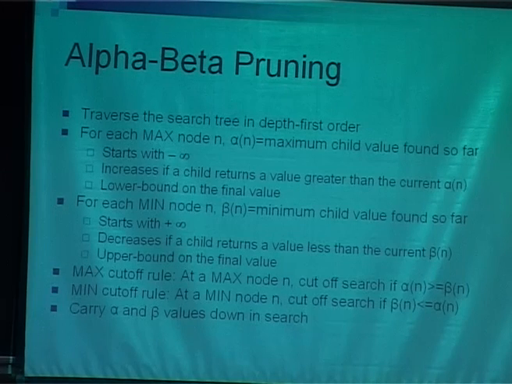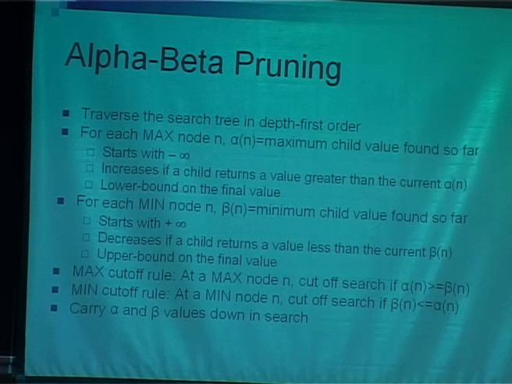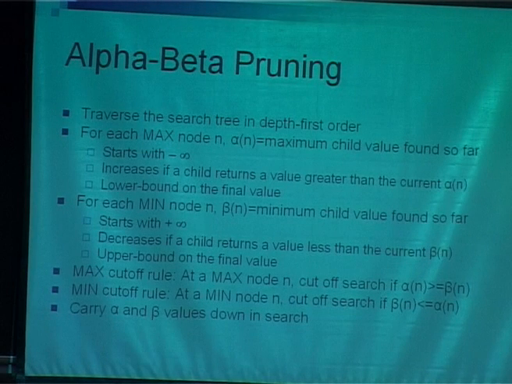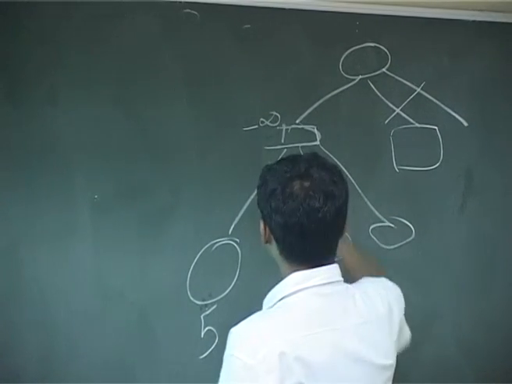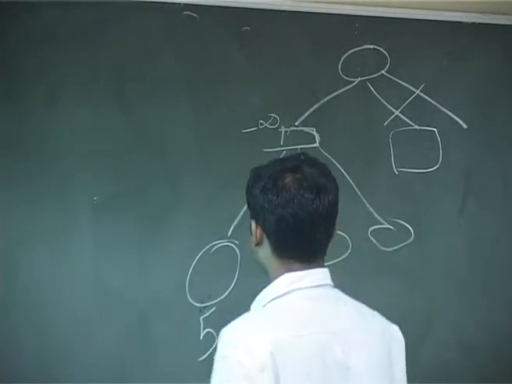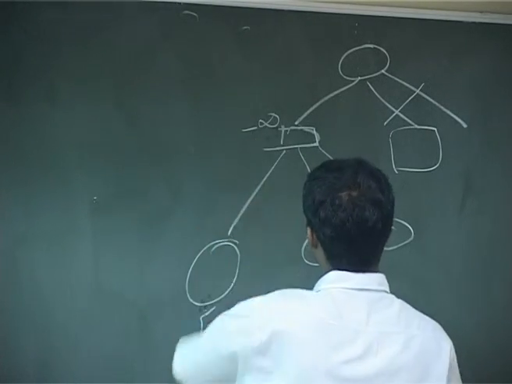We give the value infinity and minus infinity to the maximizing node and minimizing node, and we compare with the nodes. For example, this is minus infinity. If it is 5, because 5 is greater than minus infinity, it goes there.